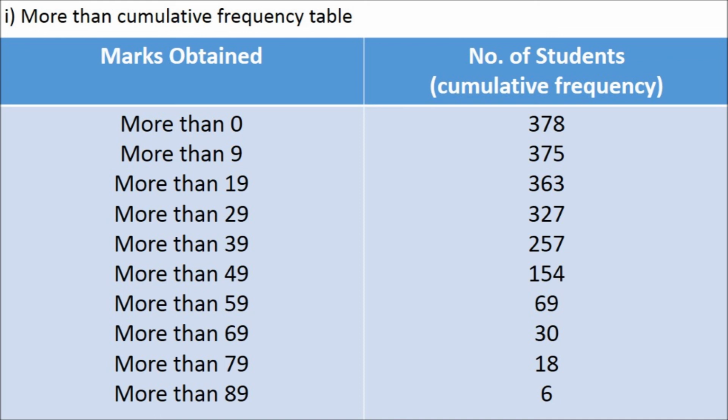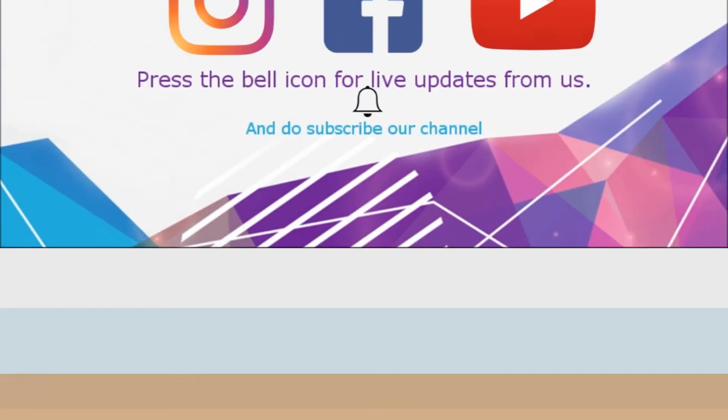For second frequency, that is more than 9, we subtract 3 from total. 378 minus 3 will give us 375. For the third frequency, it becomes 375 minus 12, that is 363, and so on.